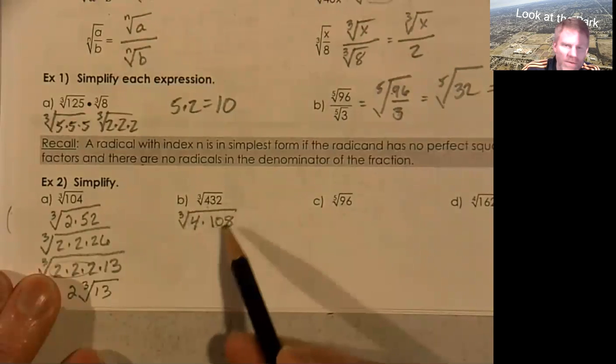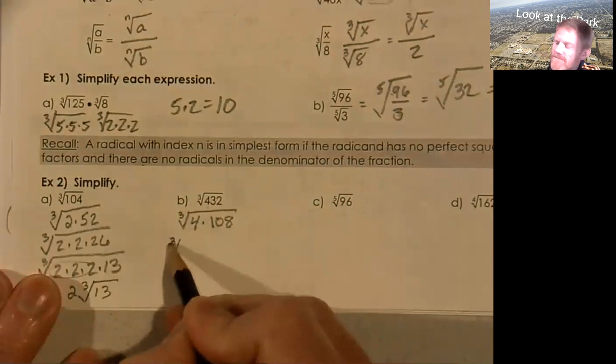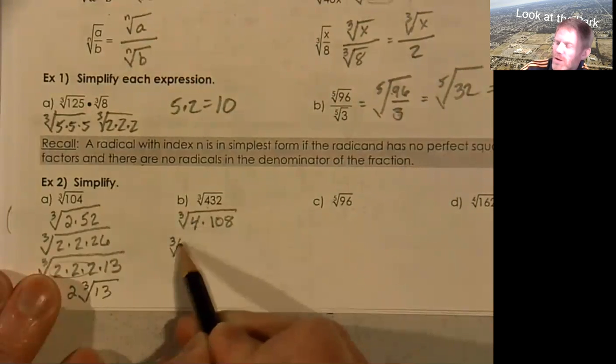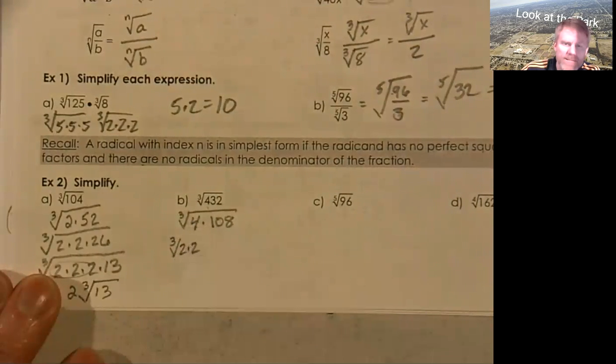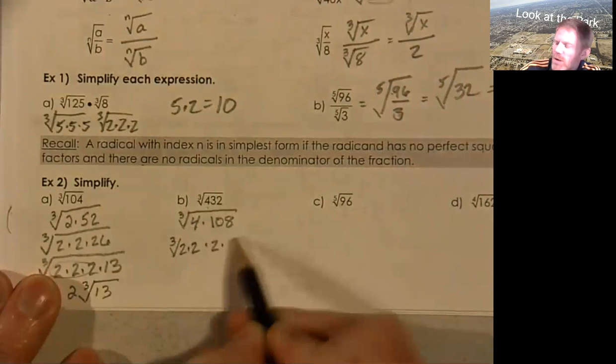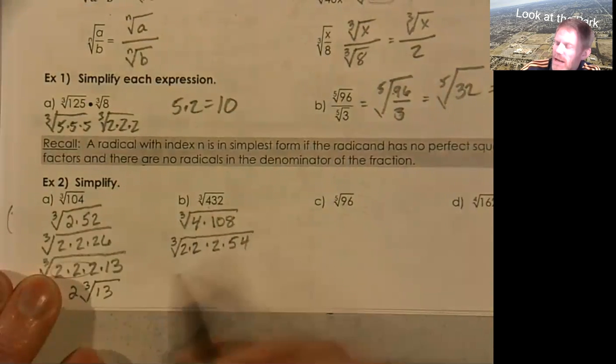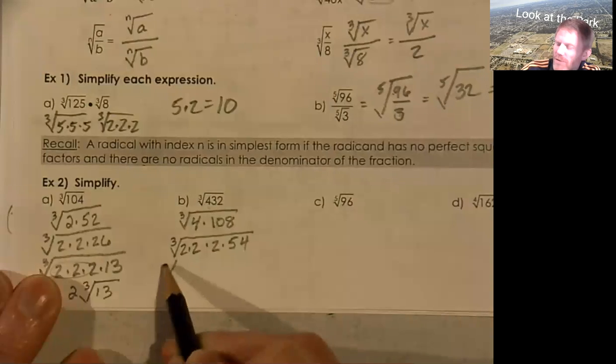Well, here we are with this 108. Well, 4 itself can be broken down. 108 can be broken down. Notice how I make the check mark of the radical first.